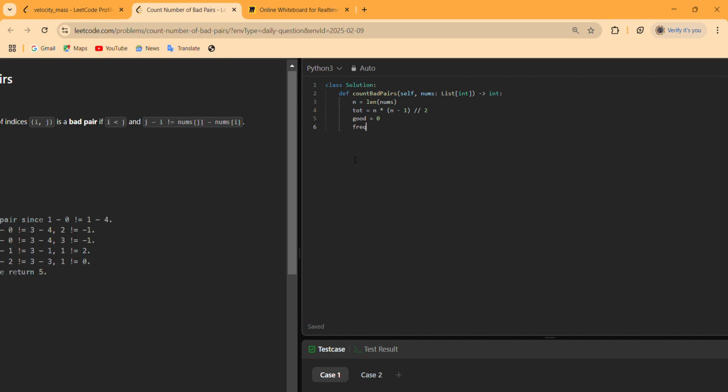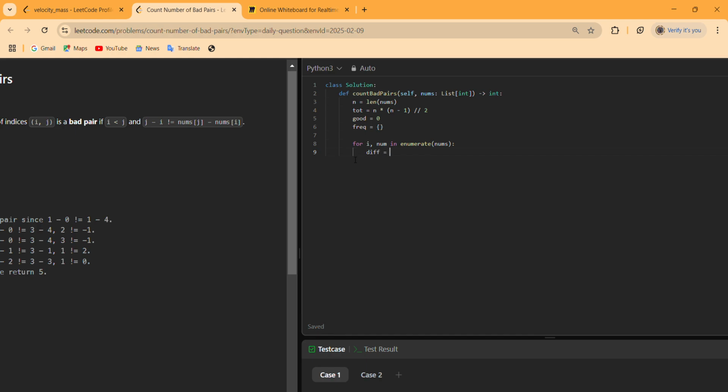Let us initialize a map named frequency and traverse the input array.